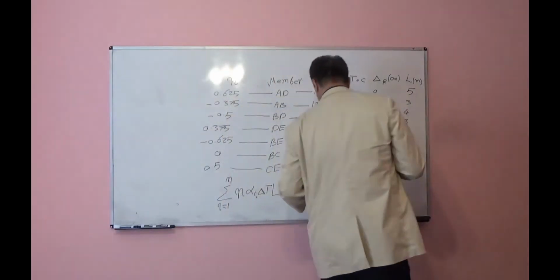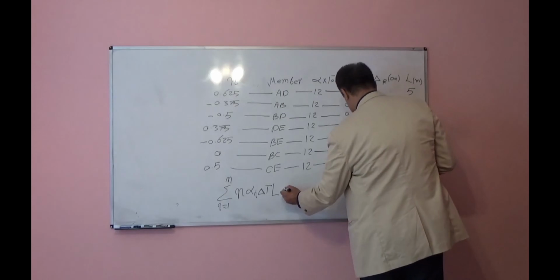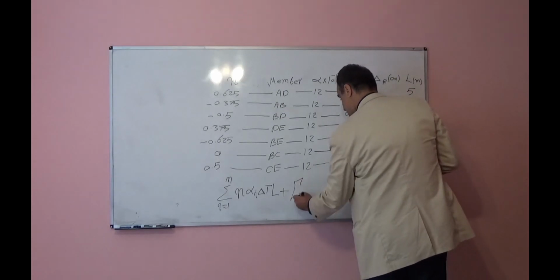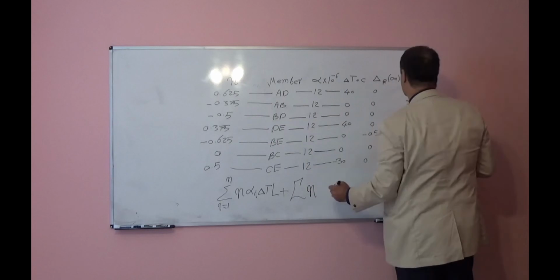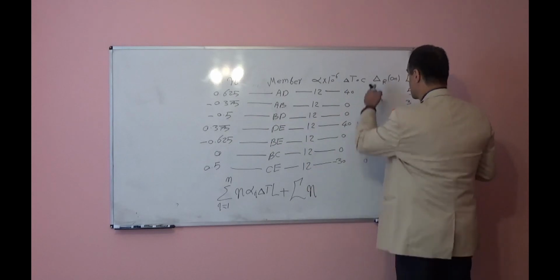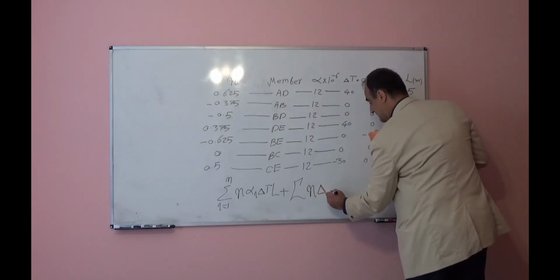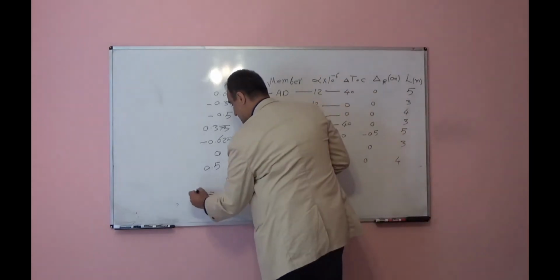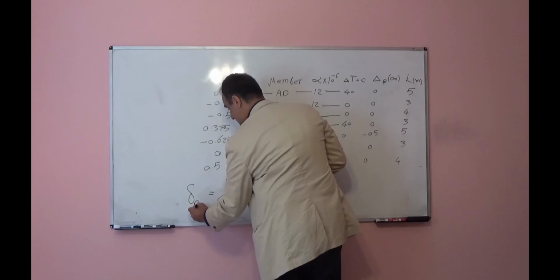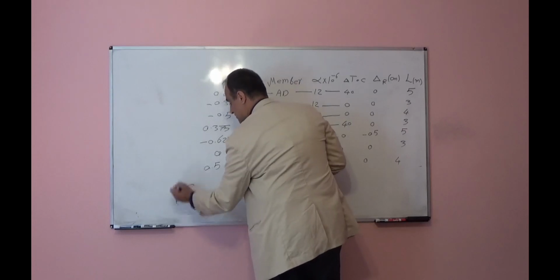Because we have fabrication error, plus summation of this column n multiplied to the fabrication error column delta fabrication. It will give us the deflection at point B in vertical direction.